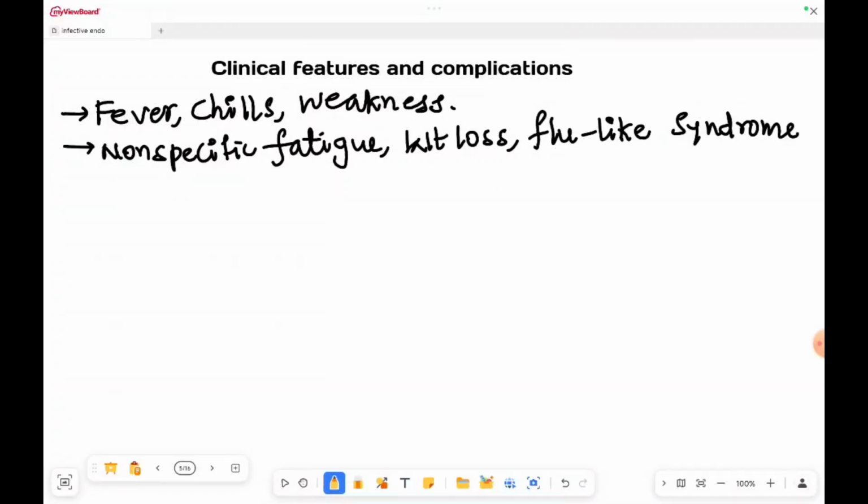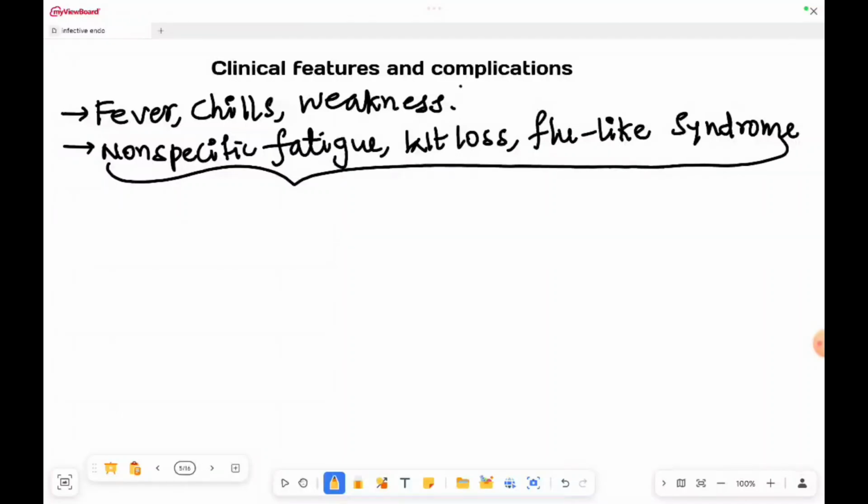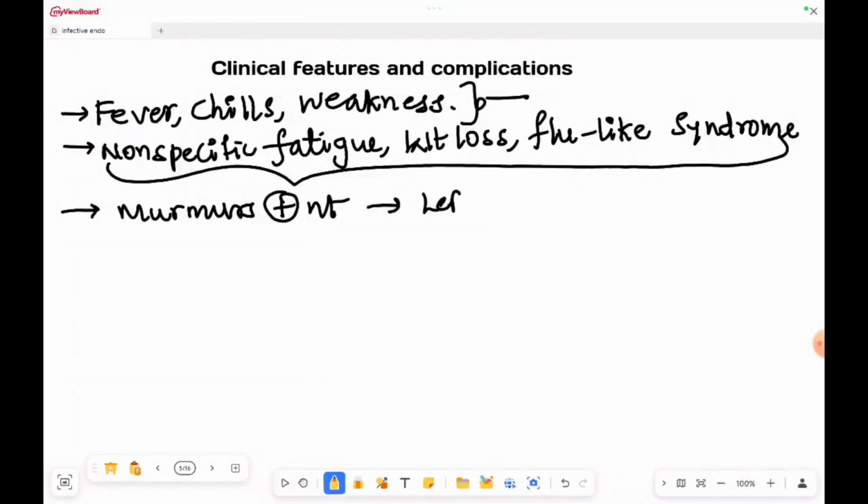In older adults, there will be only manifestation of these symptoms without manifesting them. And murmurs are also present. Murmurs present in majority with left-sided infective endocarditis.